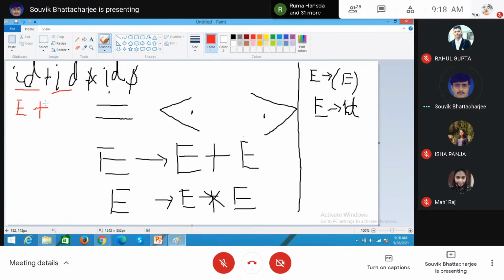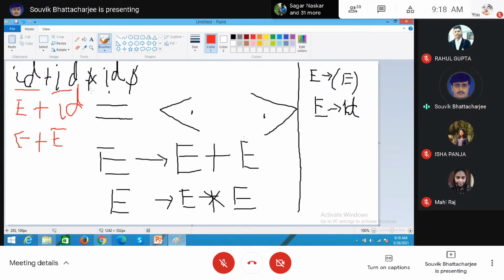In the next step, ID will come, and you will reduce ID by E. Next, your input symbol is star.